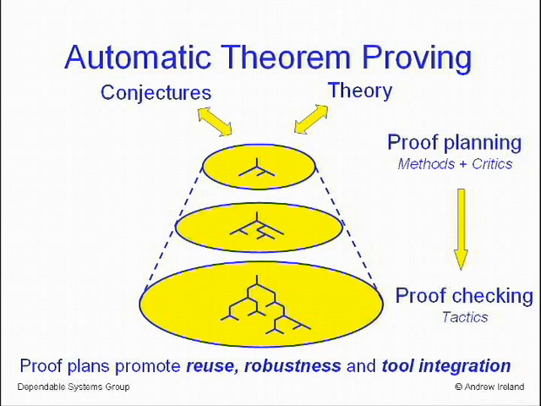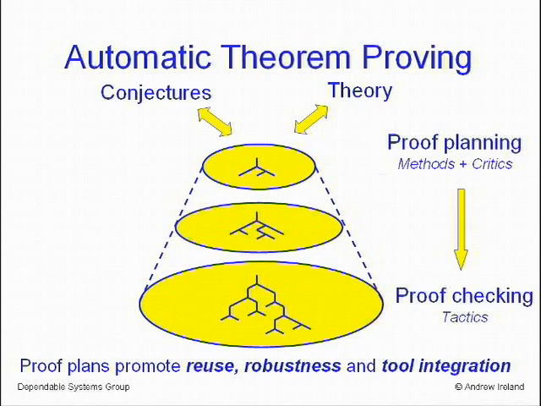So the basic idea behind proof planning, or the best way I think to describe it, is think of proof plans as kind of design patterns, or they are analogous to what design patterns would be when you're capturing common patterns of reasoning at a high level.